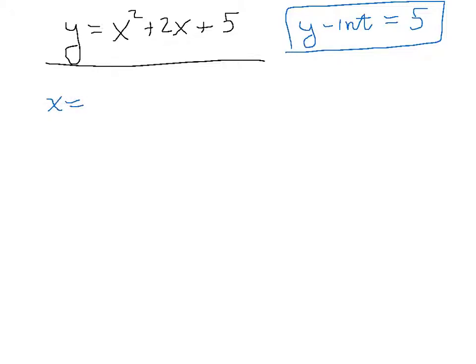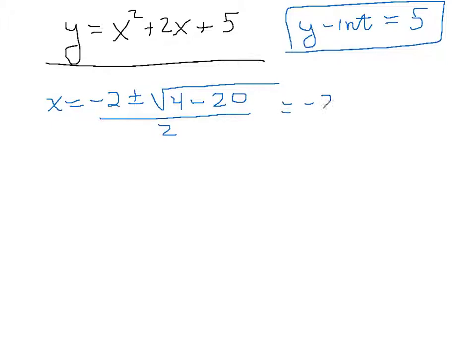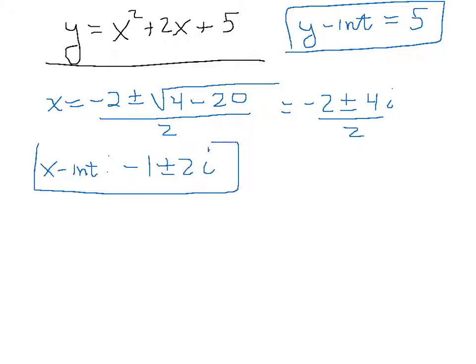So x is equal to minus b plus or minus the square root of b squared minus 4ac, all over 2a. So this is going to equal minus 2 plus or minus 4i over 2. So the x-intercepts simplified to be minus 1 plus or minus 2i. And these are complex numbers, so they do not show up on the x-axis.